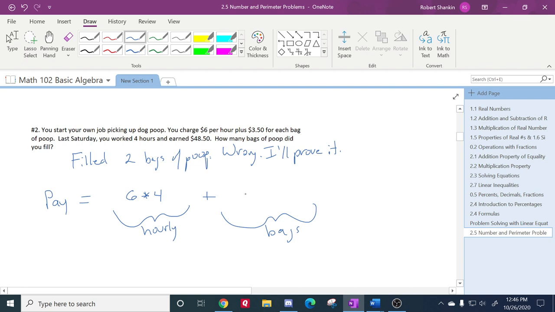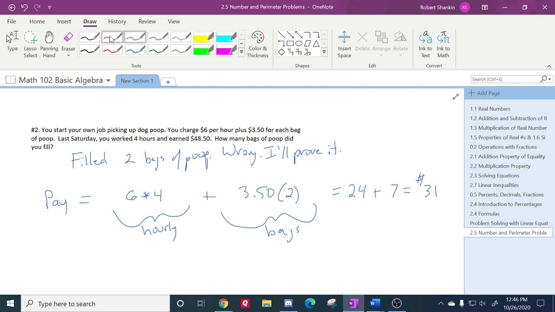And the bags would be $3.50 times the 2 bags. And this is not going to be enough money. 24, and that turns out to be $31.